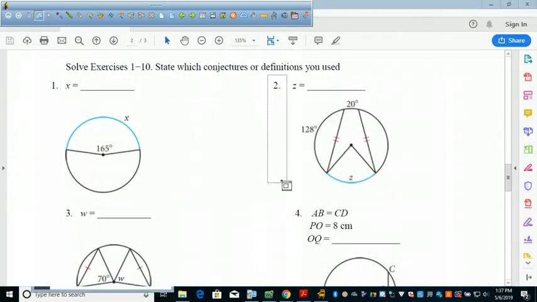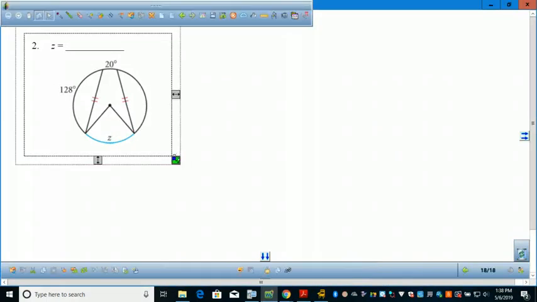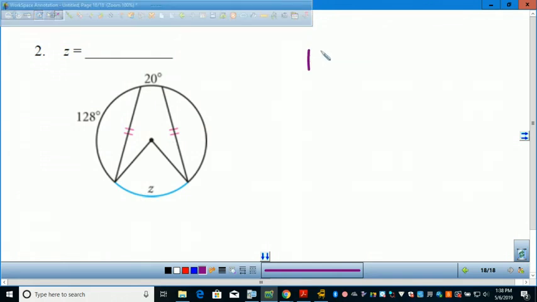Number 2 takes a little bit more work. Somebody give me a theorem that I'm going to use here. Something about the chords. What does the theorem say about the chords? Chords are congruent, and the central angles are congruent.